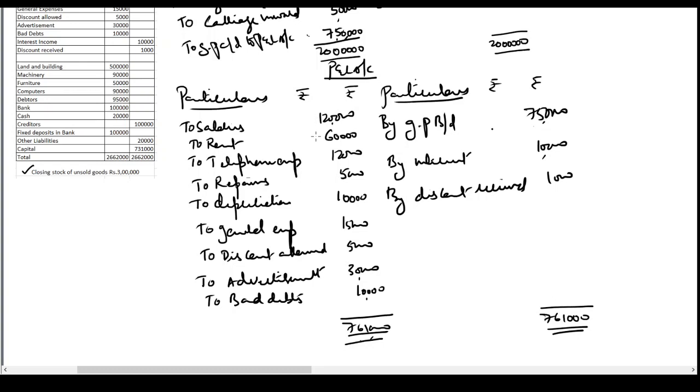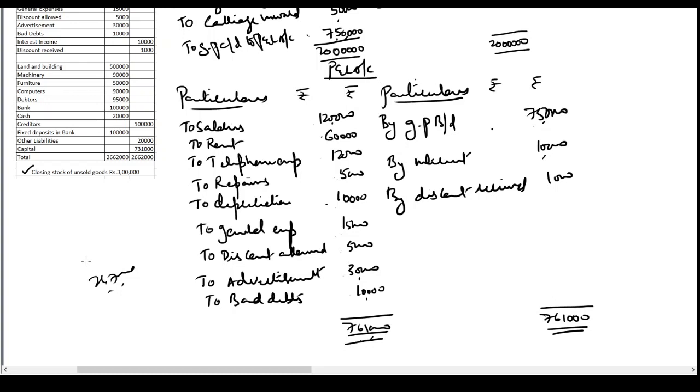120 plus 60 is 180, 192, 197, 2,07,000, 2,22,000, 2,27,000, 2,57,000 and 2,67,000. So we get the debit total as 2,67,000. We'll check once again. 120 plus 60 is 180, 192, 197, 207, 222, 227, 257 and 267.